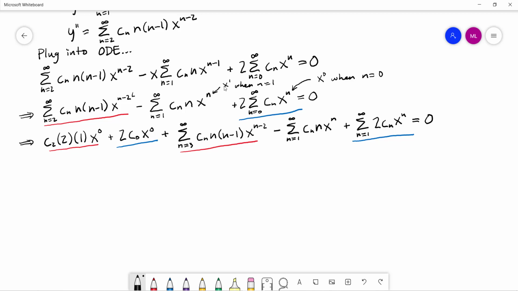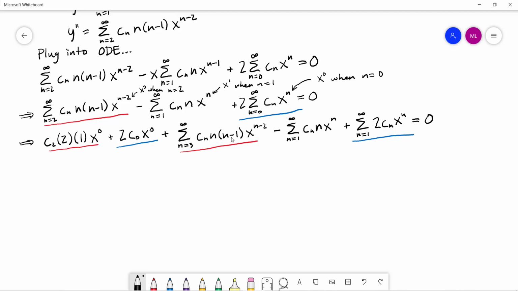And then this one is x to the 0 when n was equal to 2, for its first term. And that's how I recognize that really the first term of this one's a constant, the first term of this one's a constant, but the first term of this one is proportional to x to the first power. And so I pulled out the constant here and the constant here separately. So now all of these 3 pieces all start with x.